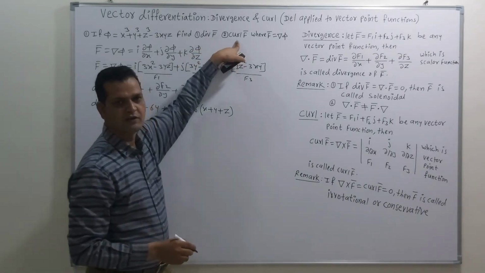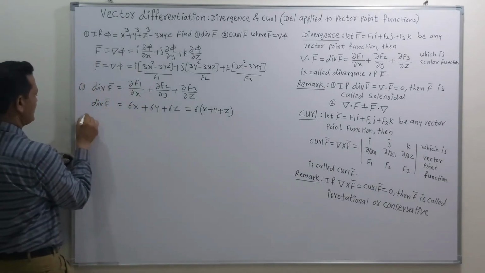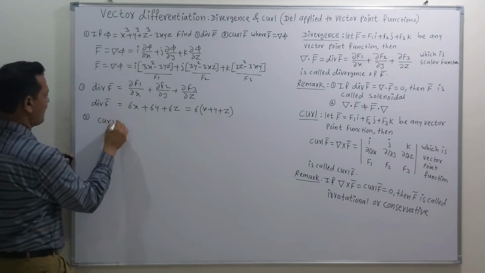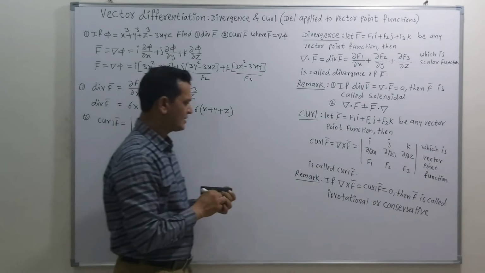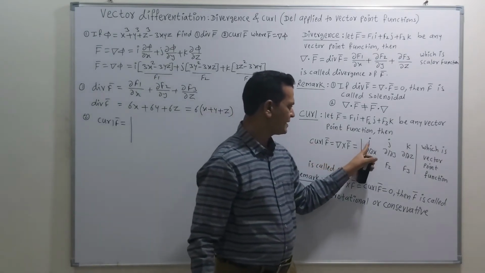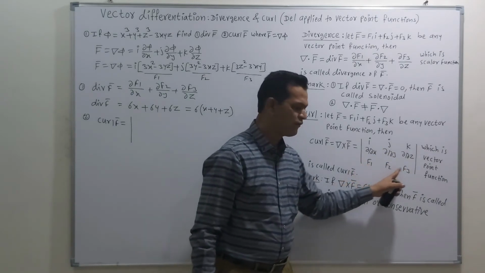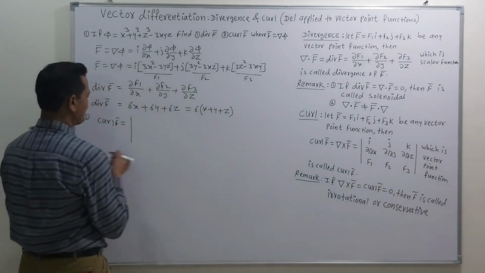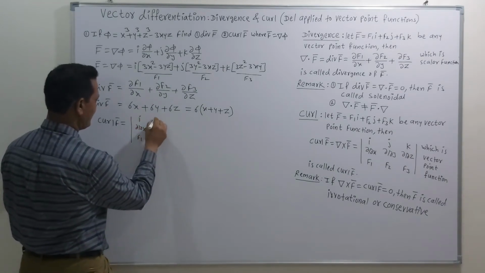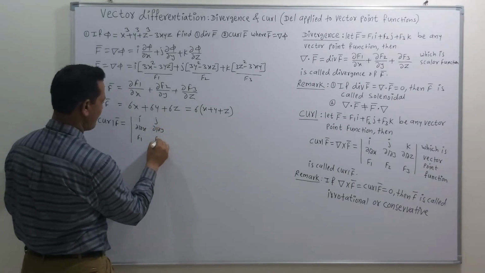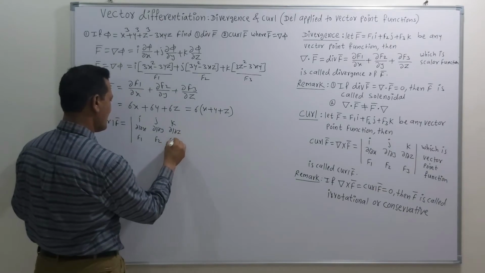Now let's try to solve for the curl of f bar. So this was the first question. Now second, the curl of vector f bar, and this curl of f bar is defined as, according to this definition, we can write this as the determinant with i, j, k, partial derivatives with respect to x, y, z, and f1, f2, f3. So if we apply this formula, then we get i, partial derivative with respect to x of f1, j, partial derivative with respect to y of f2, and k, partial derivative with respect to z of f3.